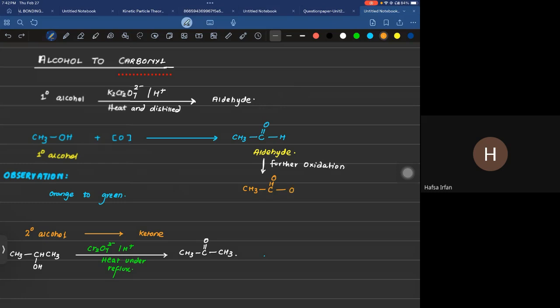This is your carboxylic acid. Same reagents और conditions use कर रहे हैं हम. So if you don't want to produce this carboxylic acid, once the product is formed, you are supposed to distill off the product.